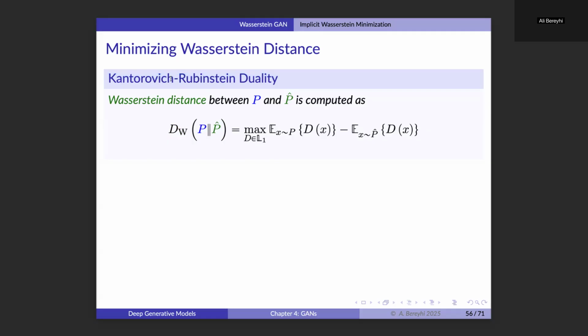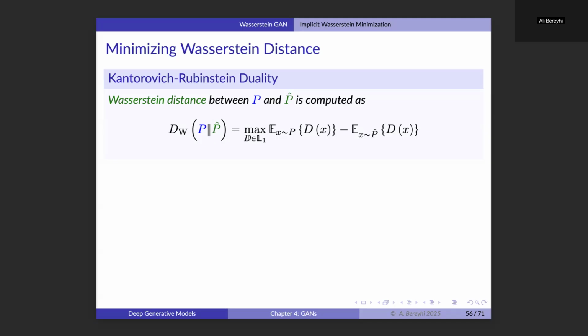He is somehow known as the father of linear programming. And Rubinstein was his PhD student. They came up with lots of works in functional analysis and measure theory, and this is why we call it Kantorovich-Rubinstein duality after them.